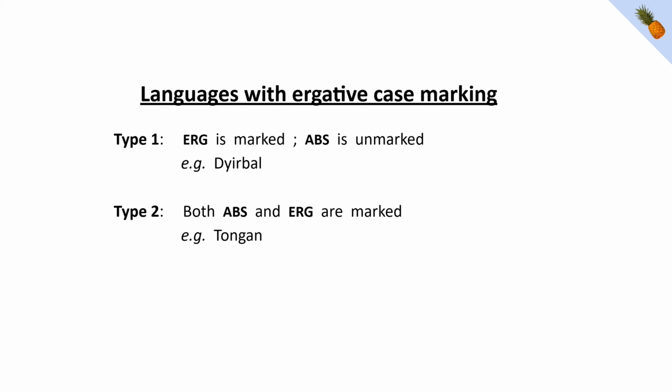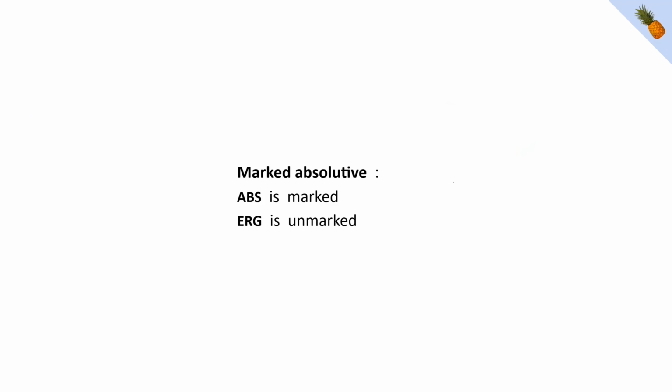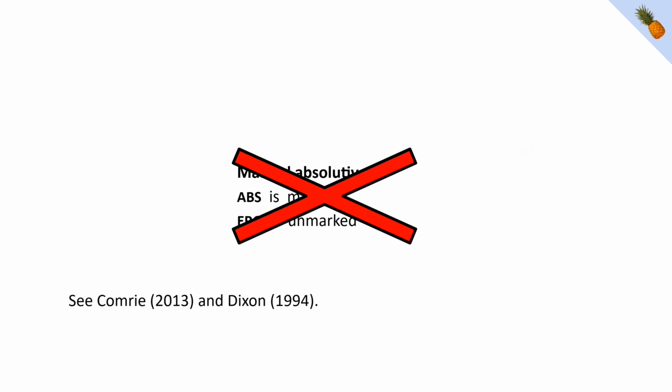At this point, one might ask, are there any marked absolutive languages? That is, are there any languages where the absolutive case is marked while the ergative case is unmarked? The answer to this question, at least as far as I am aware, is no. After carefully examining a sample of 32 languages with ergative case marking, Comrie 2013 found no instances of absolutive case being marked and ergative case being unmarked.